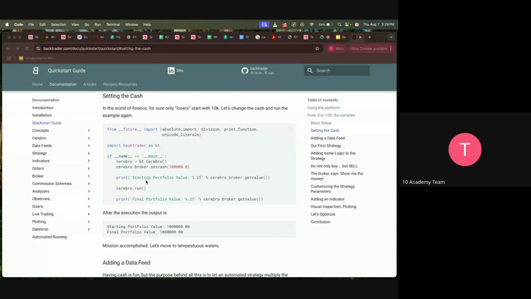When you are, for example, joining a trading market, you will have some cash flow, right? You will have some initial capital. So it gives you that imagination here. You can actually set a cash value here. It could be any number, but for this sample example, it assigns $100,000, but you can assign more if you want.